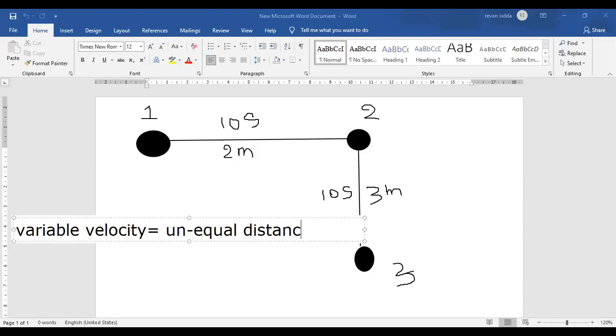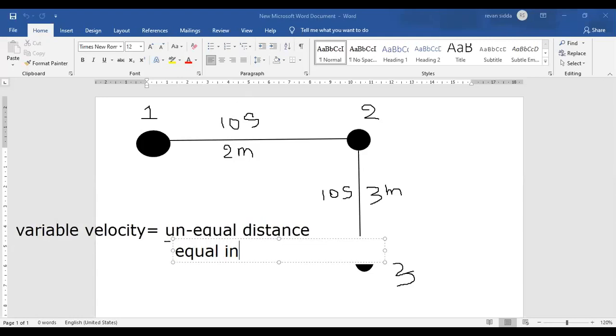You can write displacement also, but you need to write the particular direction there. Unequal distance per equal interval of time in a specified direction.